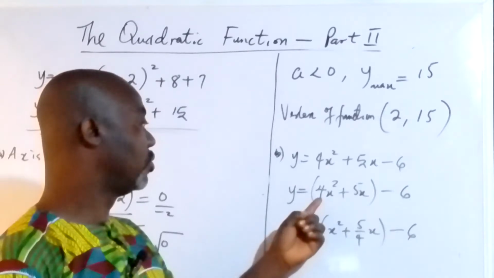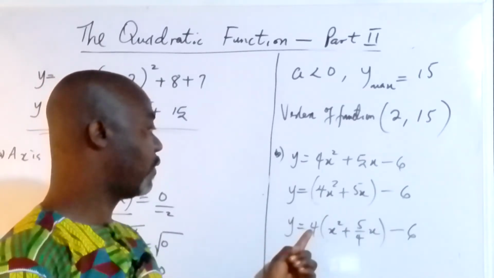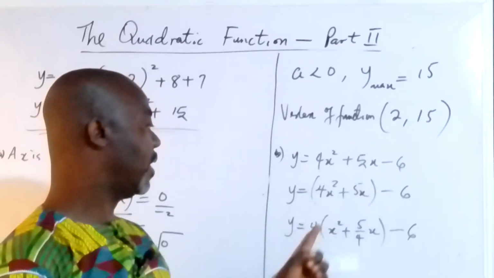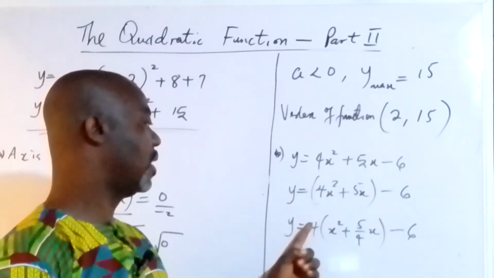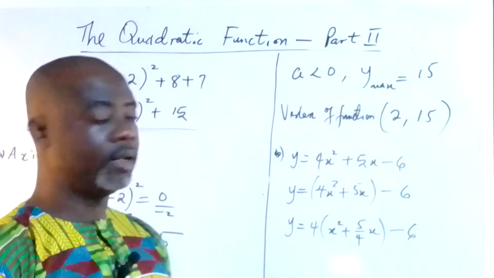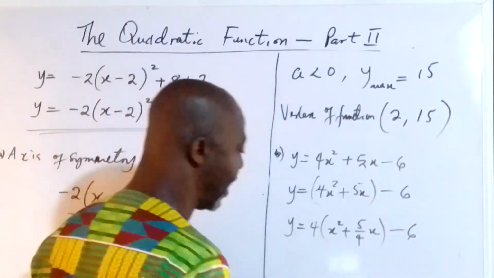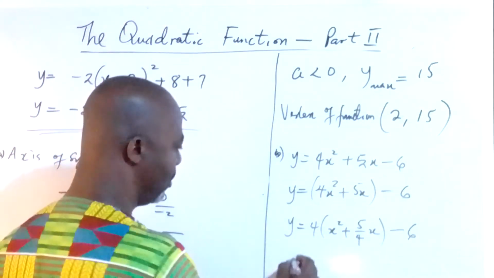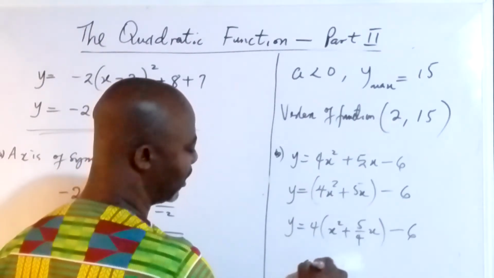So what we just need to do is to bring out the coefficient, which is 4, and then 4x squared divided by 4 will simply give us x squared. And then, of course, 5x divided by 4 will give us 5x over 4, okay? So now, the next thing is to find, as usual, we find the coefficient of x.